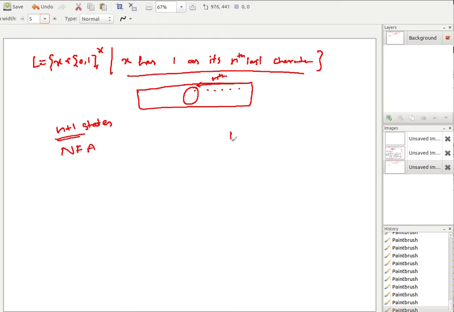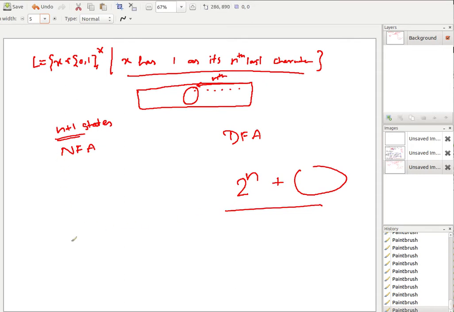But if you are designing a DFA, what is the answer? If we do the same way how we were doing, 2 to the power n different possible states will be required to maintain the logic part, and then some extra to maintain the initial strings. So something more than 2 to the power n, right?